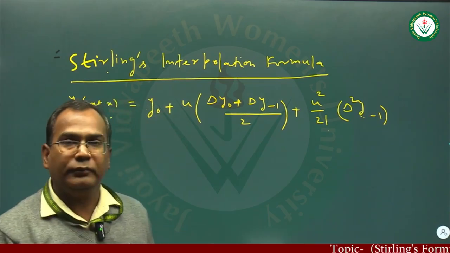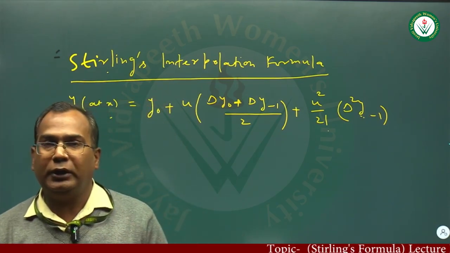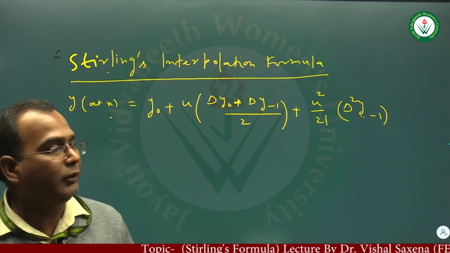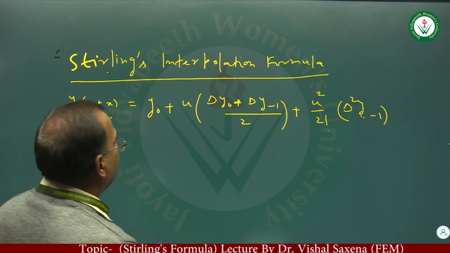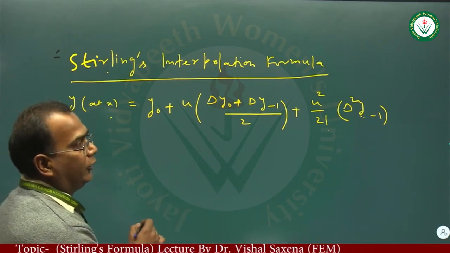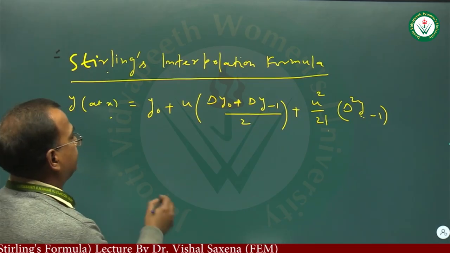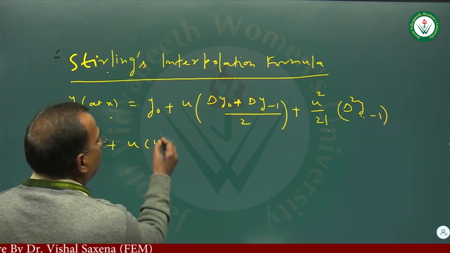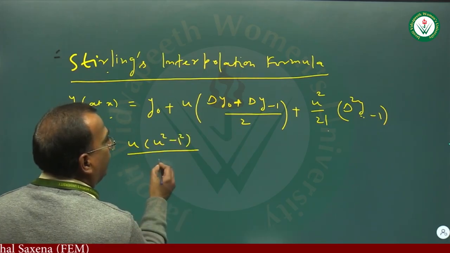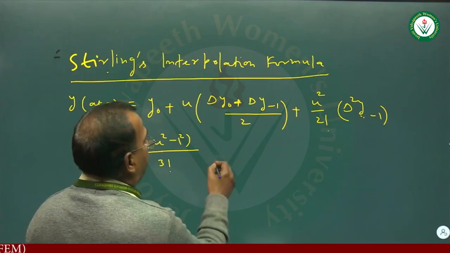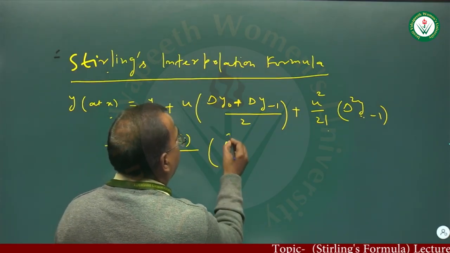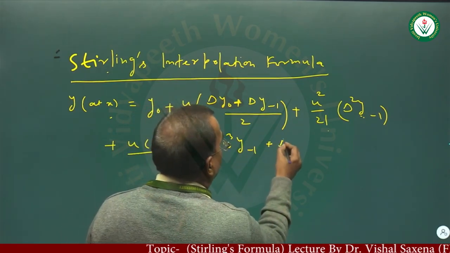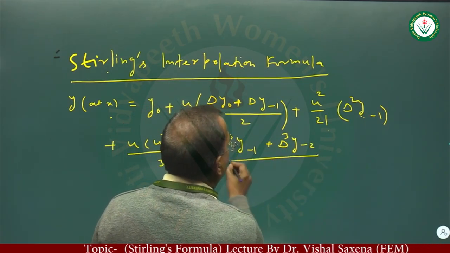This formula is not very easy to learn, but there is some symmetry to help learn it. I will discuss here how to learn this formula. So it is u square upon factorial 2 del square y minus 1, plus the next term, u into (u square minus 1 square) upon factorial 3, and then again in the same way (del cube y minus 1 plus del cube y minus 2) upon 2.